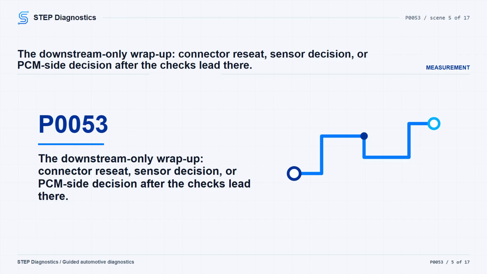Reconnect everything fully seated, reset KAM, and verify whether the concern is still present. If it is still present at the HO2S check, install a new HO2S in question, reset KAM, and repeat the self-test. If the path proves a PCM side concern, and the concern is still present after connector inspection and reseating, install a new powertrain control module and complete the required programming setup for that replacement.